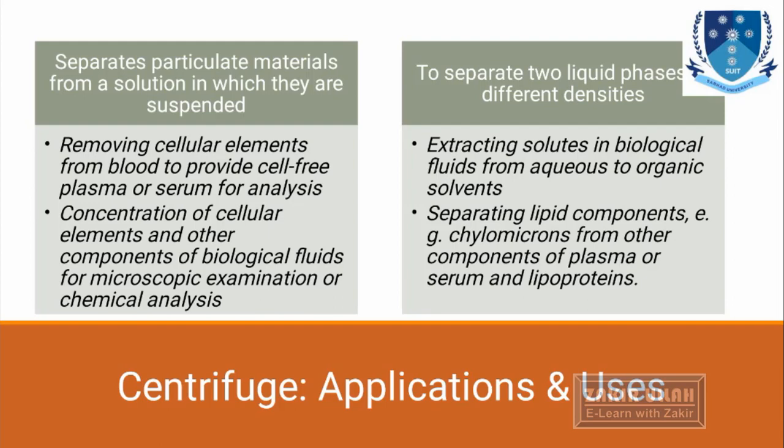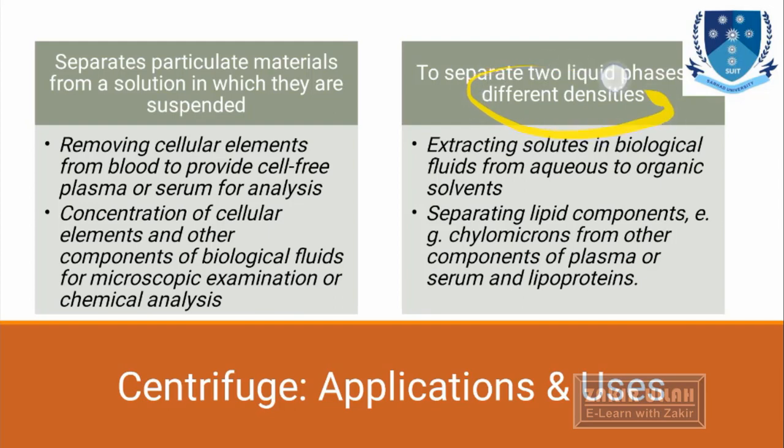For example, if we receive any body fluid in the laboratory for testing, such as cerebrospinal fluid or for semen analysis, then we also centrifuge these samples and check the cells, the semen or other formed elements. Also, for chemical analysis, we separate liquid from the solid portion in blood or any other body fluids.